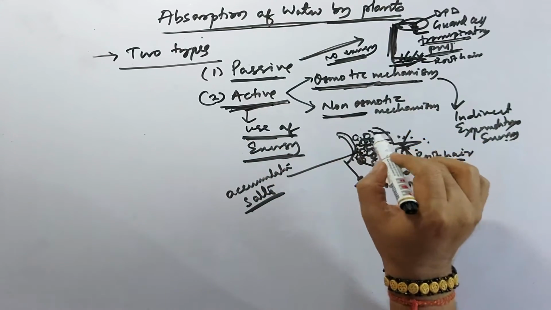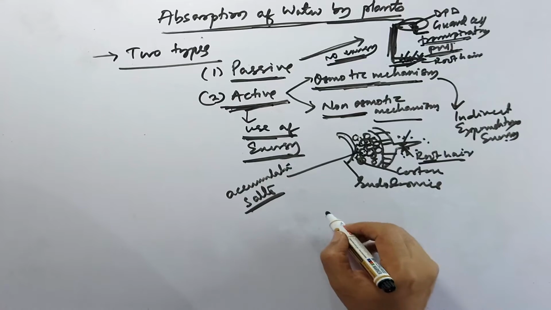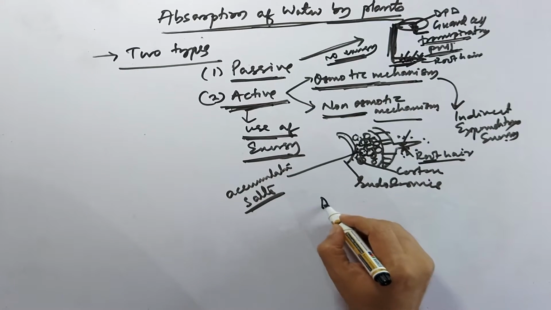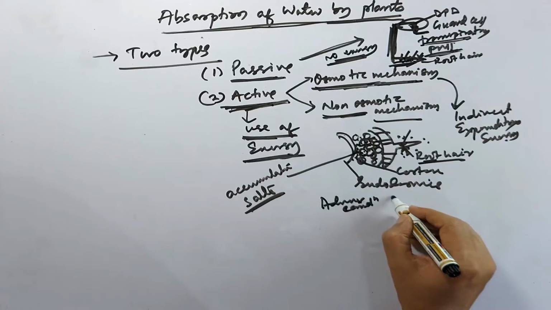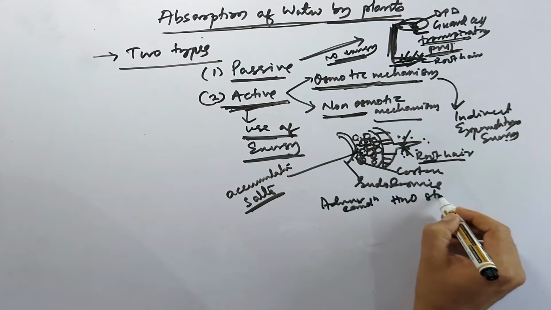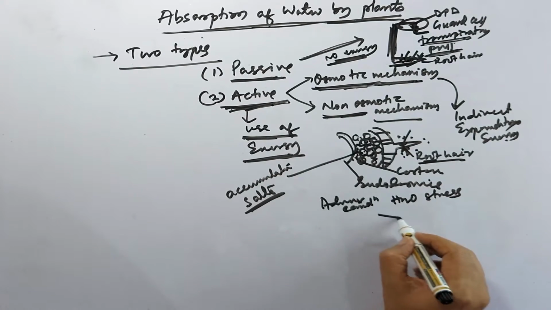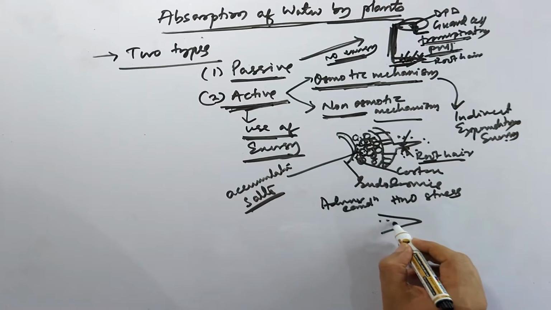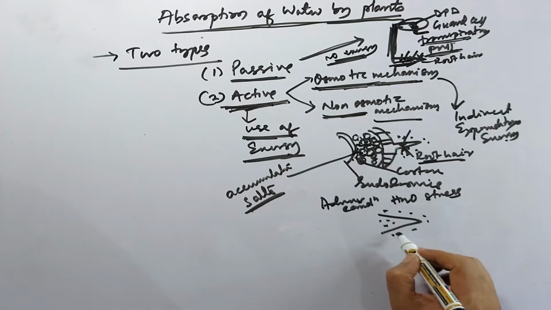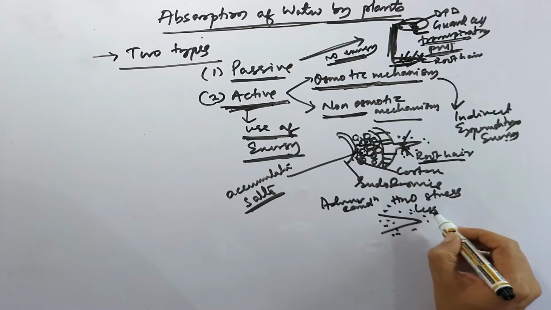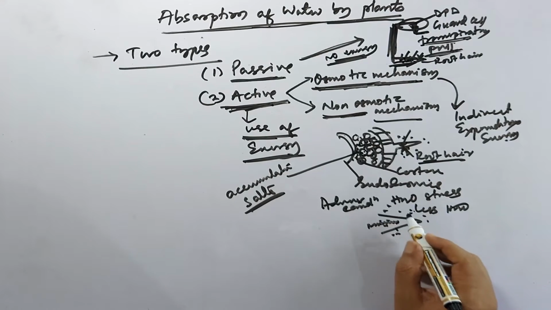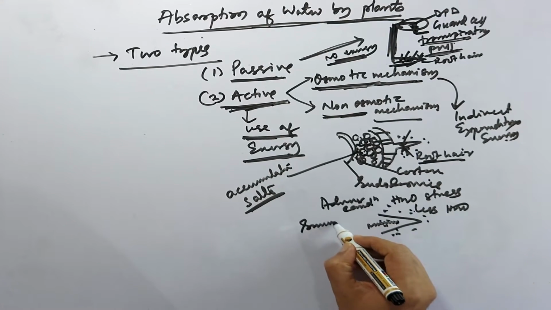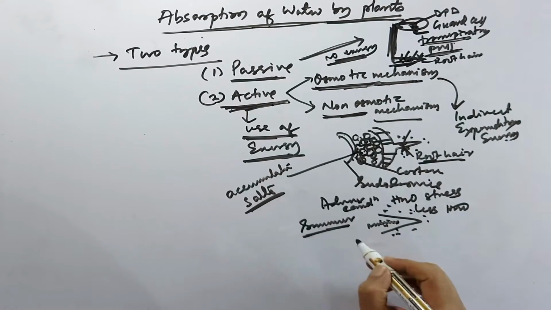But in the non-osmotic mechanism, that is in adverse conditions like water stress conditions, what happens? Suppose this is the root, and less water is available here, and more water is there, particularly in the summer season or at the verge of the starting of wilting.